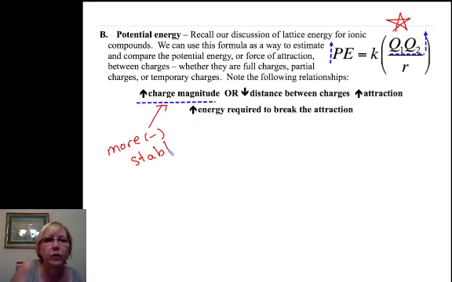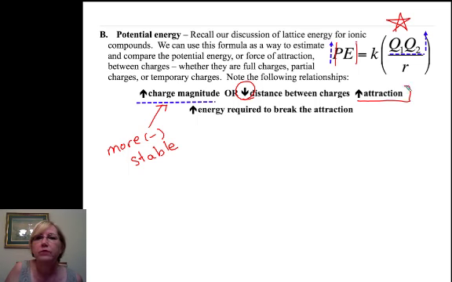Remember, negative was stable when we were talking about bonding. So I'm talking about really the absolute value in this conversation, all right? If it's a repulsive force, it's going to make it very, very positive, and that is not favorable. If we decrease the distance between charges, we'll see an increase in attraction when that occurs. Not only that, we're going to see an increase in the energy required to break whatever attraction that is.